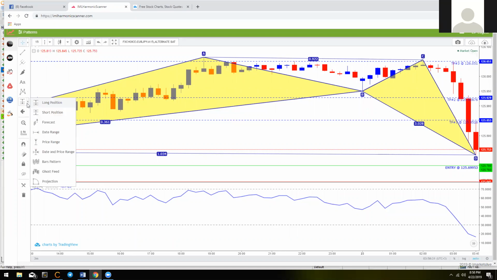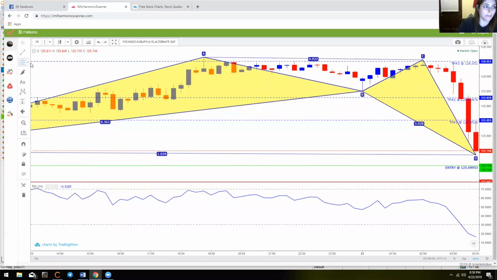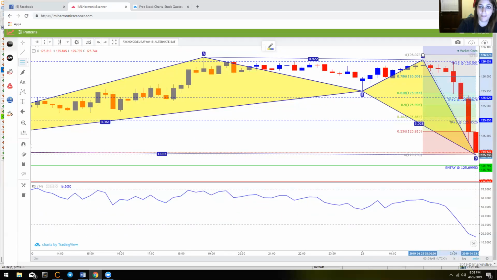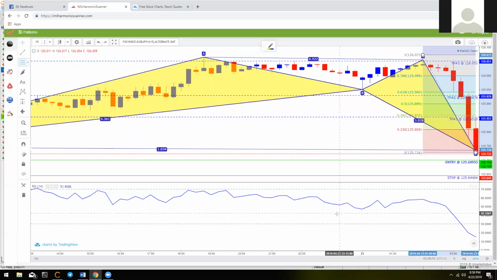Yeah, Brittany used a pitchfork and dragged over. See the Fibonacci retracement right here? And then this one's going up to down, so you could do from the top to the bottom. And just another confirmation that it's going to go in the direction that you want it to go in.